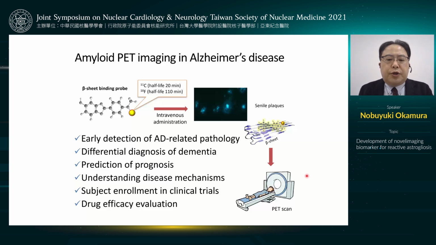Amyloid PET is potentially useful for early detection of AD-related pathology, differential diagnosis of dementia, prediction of prognosis, and understanding disease mechanisms by longitudinal assessment of tracer uptake. And in clinical trials of anti-tau drugs, these imaging techniques are useful in subject enrollment and drug efficacy evaluation.